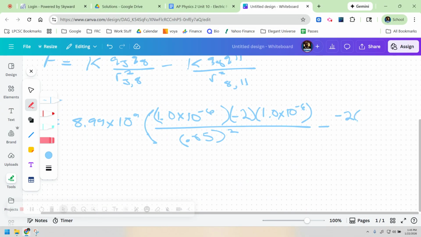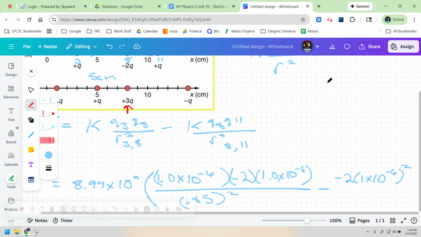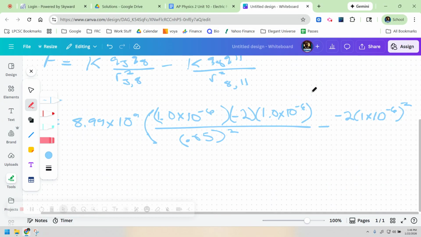I'm just going to say this times 1 times 10 to the negative 6 squared. So if you go back up and look at that, this is Q1, this is negative 2. So you have Q times Q, which is Q squared, times negative 2. This is a shorter way to do it. And then the distance between those is going to be 0.03 meters squared. And that's my parentheses on that.